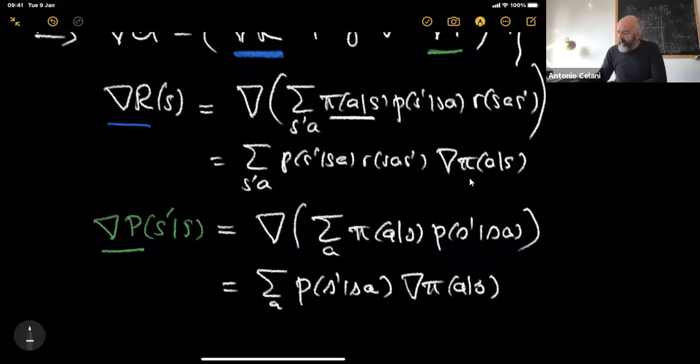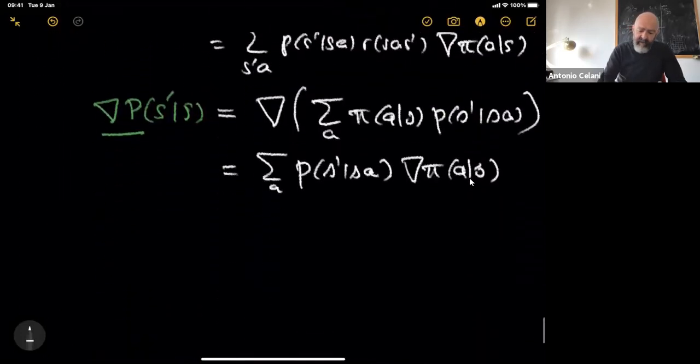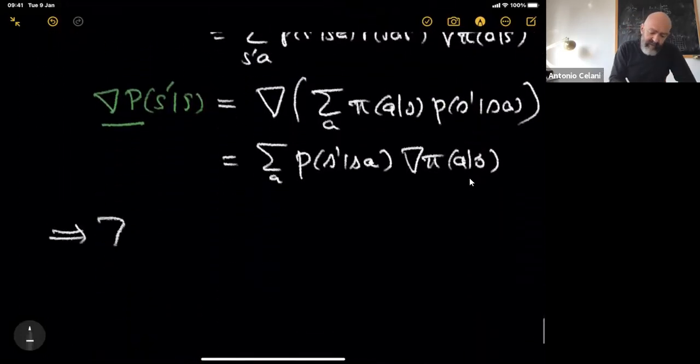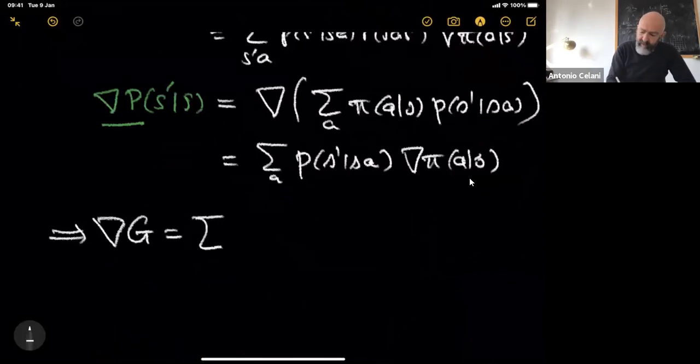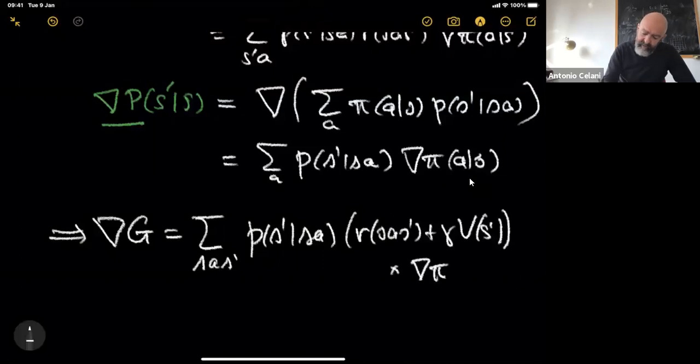So when we make these products explicit, we end up writing the gradient in the following form. Sum over S, A, S prime of E(S prime|S,A), then we have r(S,A,S prime) plus gamma V(S prime), times the gradient of pi.